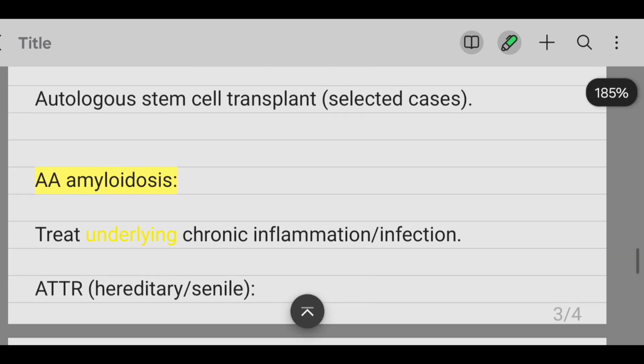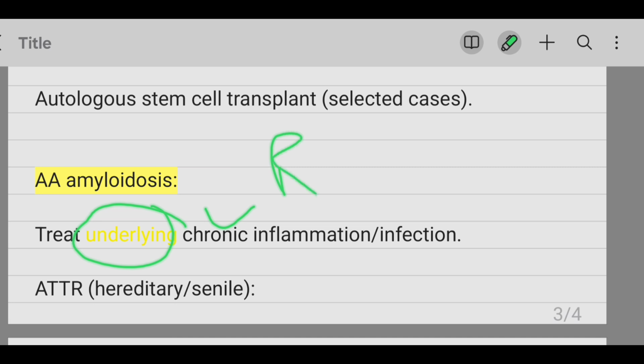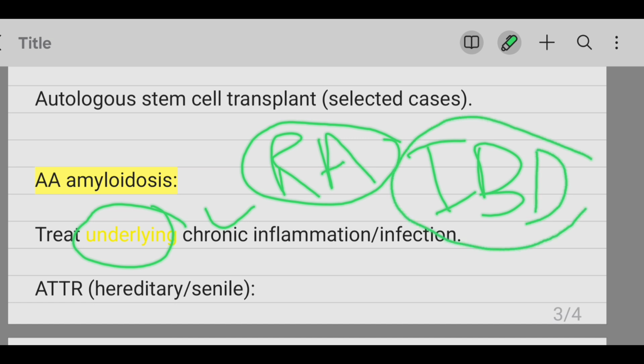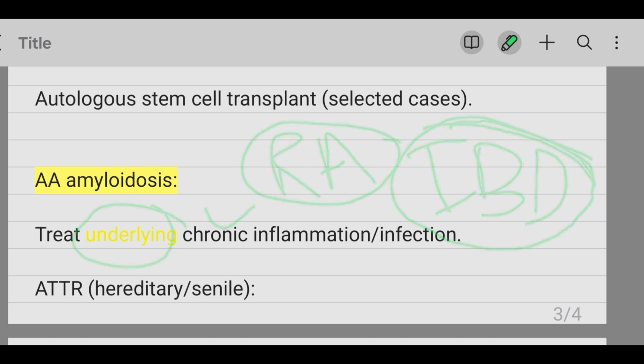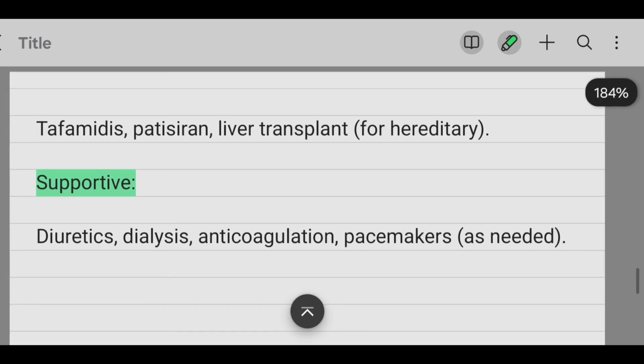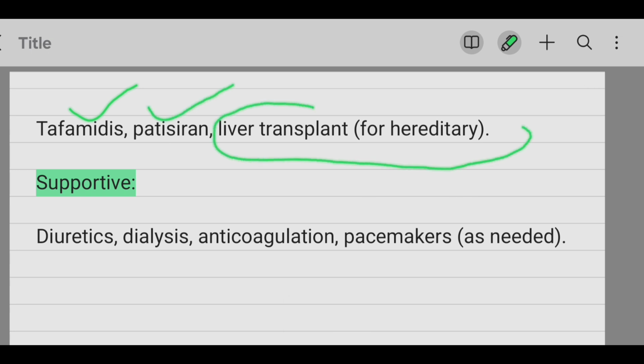In case of AA amyloidosis, you have to treat the underlying disorder. For example, you have rheumatoid arthritis, then you should treat this rheumatoid arthritis. If you have IBD, then you have to treat the IBD with steroids and mesalazine. Then if you have hereditary or senile amyloidosis, then for this tafamidis, patisiran and liver transplant for hereditary amyloidosis can be done.